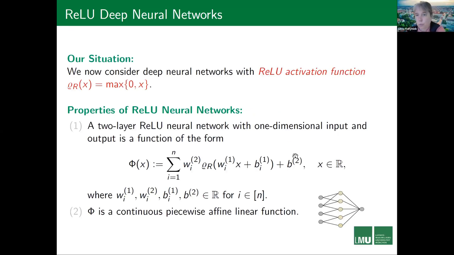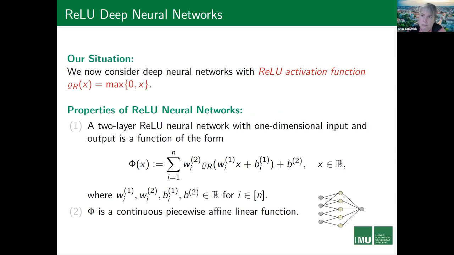The first thing one observes is that if we have, for instance, again a two-layer, shallow neural network of this type with a ReLU, it is always a continuous piecewise affine linear function.